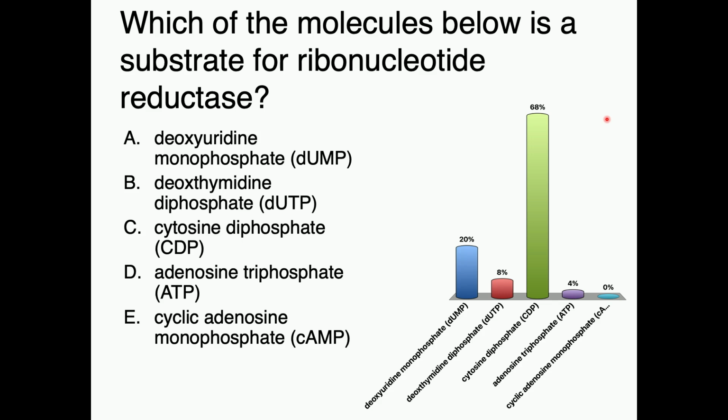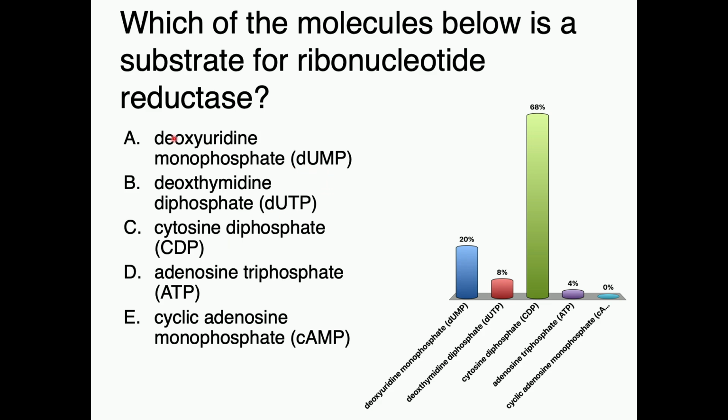So ribonucleotide reductase always uses a diphosphate form of a nucleotide. Its substrate is always going to be a nucleotide, and its product is always going to be a deoxynucleotide. So cytosine diphosphate would be a substrate for ribonucleotide reductase.